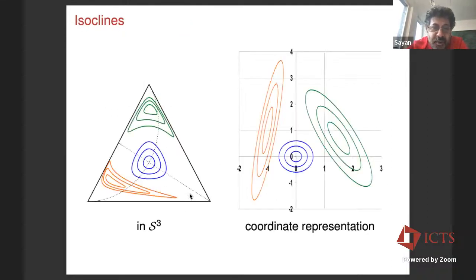Now, what's interesting is with the ILR transform, on the left, this is what we would have in the simplex. And with this new coordinate representation, we come back to the Gaussian world.